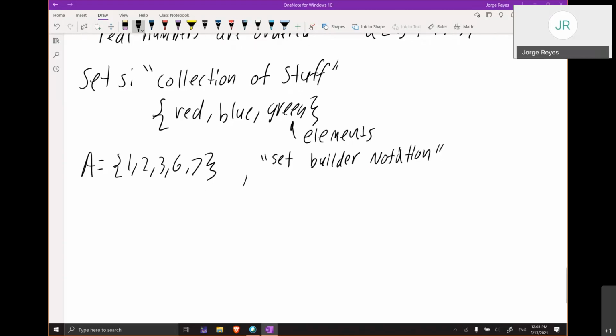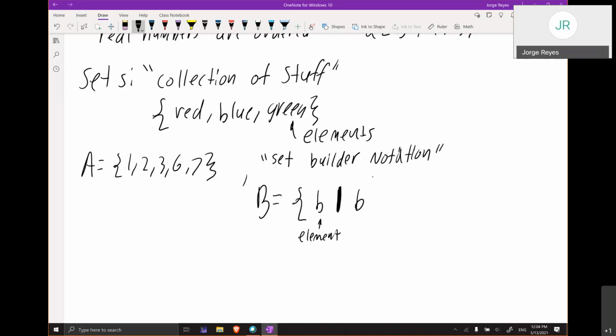Okay, so with set builder notation, you put a letter or a variable here. This is what the elements look like. So here they're just going to look like B. So this is the element. And then you put this bar and you have a rule.